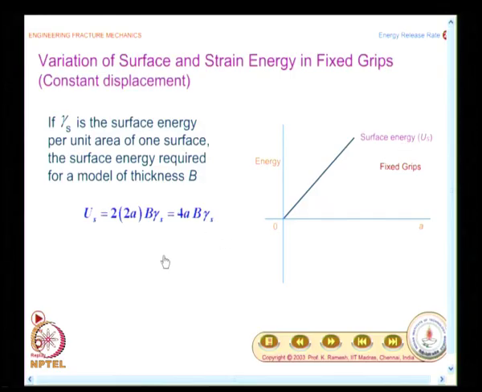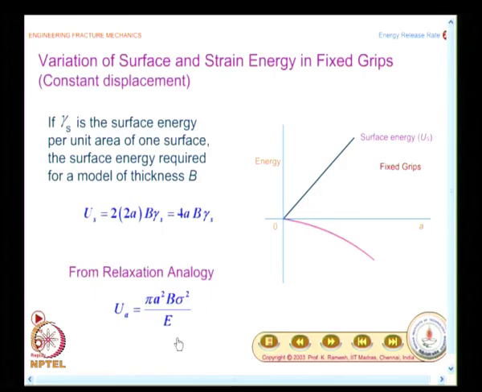We have already got the result of what is the strain energy in the presence of a crack, which is a second degree curve. You have already got that as U_a equal to pi a squared B sigma squared divided by E. This is plotted in this fashion. Please note that this is only a schematic, it is not drawn with actual values, it is only a schematic to illustrate the nature of the surface energy, the nature of the strain energy.